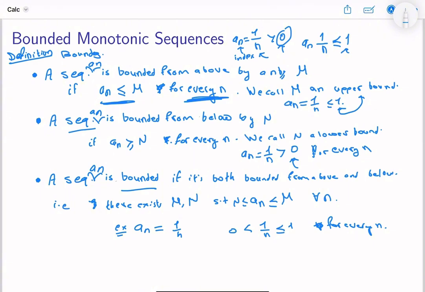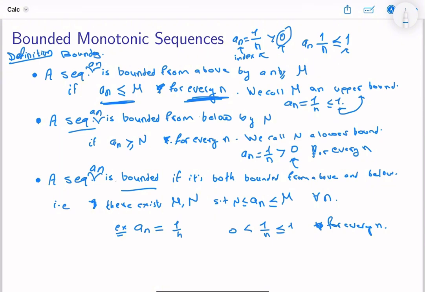Because if the sequence is divergent, then either the limit doesn't exist or the limit will be infinity. It would be nice to tell which sequences are convergent and which are divergent in order to know what to expect when you want to compute a limit. Sometimes you get a question, determine whether or not the sequence is convergent, in which case you don't need to compute the limit.